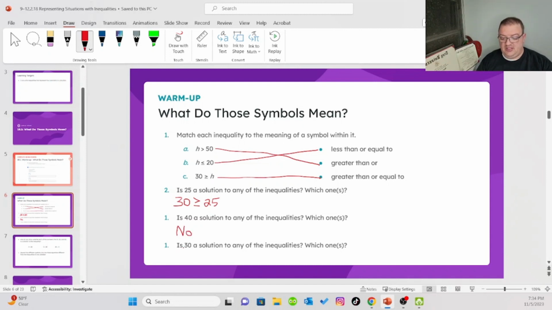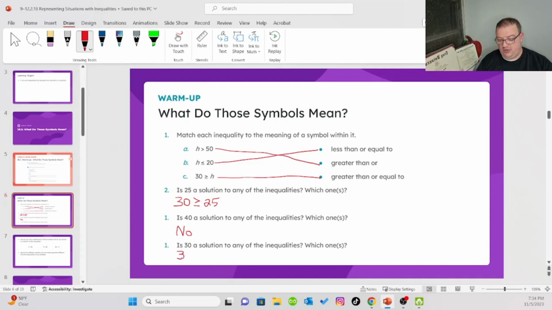And finally, is 30 a solution to any of the inequalities? Is 30 greater than 50? No. Is 30 less than or equal to 20? No. Is 30 greater than or equal to 30? Yes, because 30 is equal to 30.